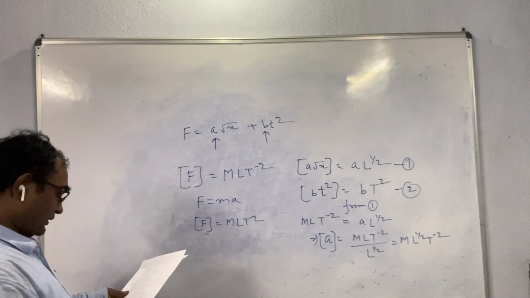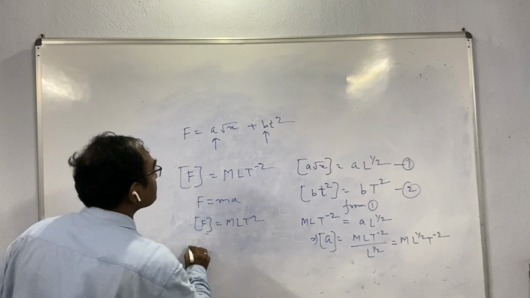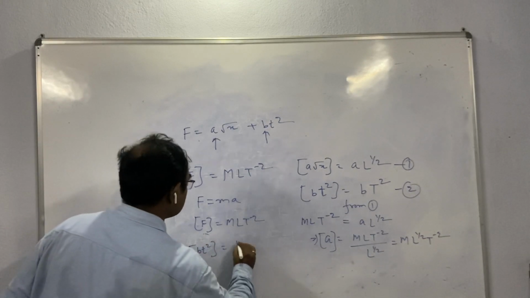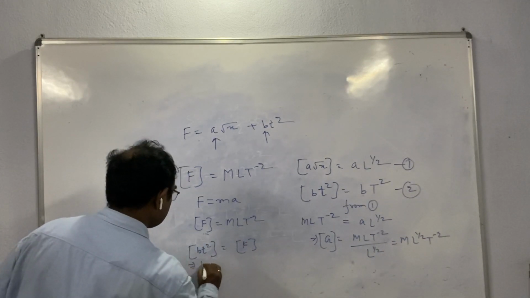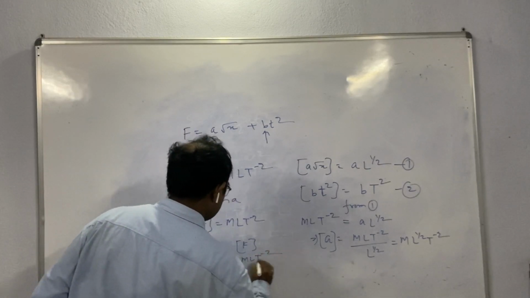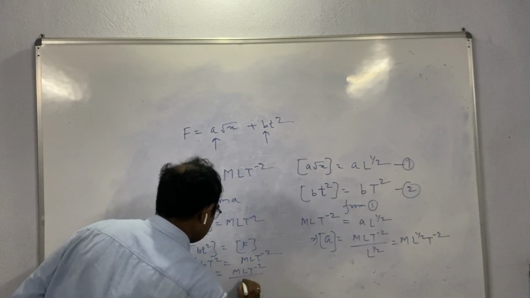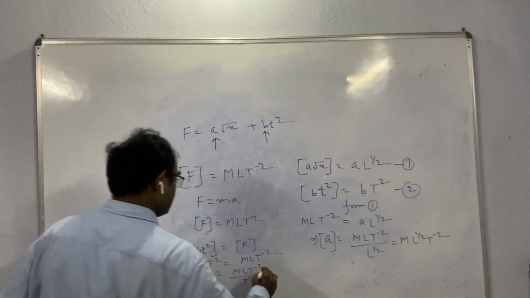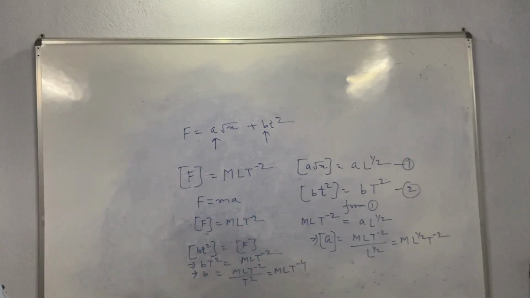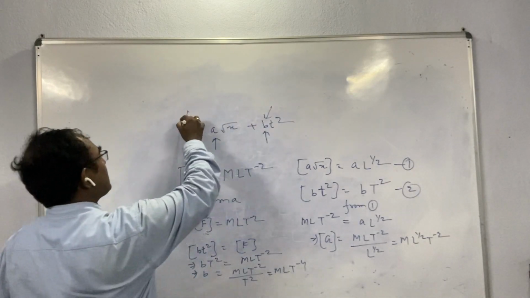What will be the dimension of b? Definitely the dimension of b can be represented like that, because we know that the dimension of this term should equal the dimension of this term.